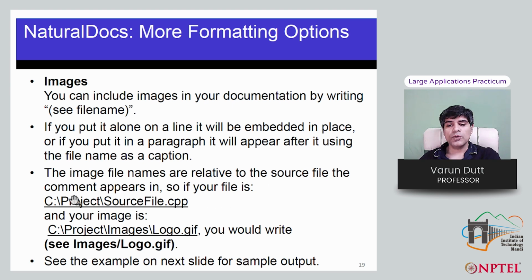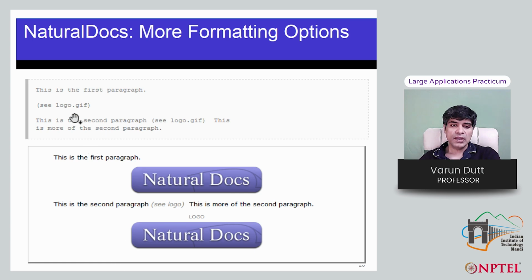So if your file is located here and your image is located here, within the images folder there is a logo.gif, so you will write images/logo.gif. This is an example: the first paragraph, and logo.gif will appear like this. But if you had it inside a paragraph, then logo will appear with the caption logo in a separate part after the paragraph.